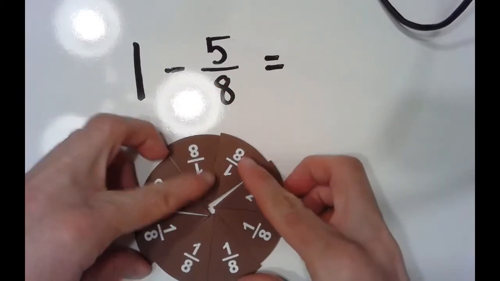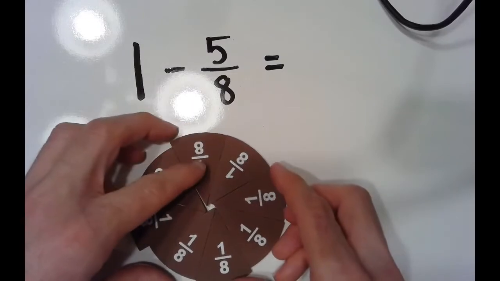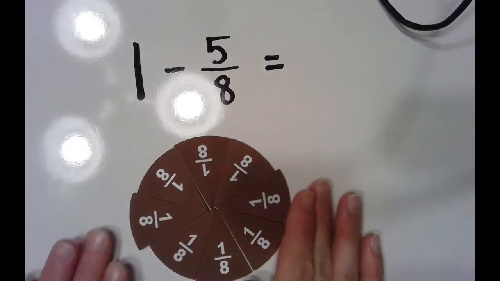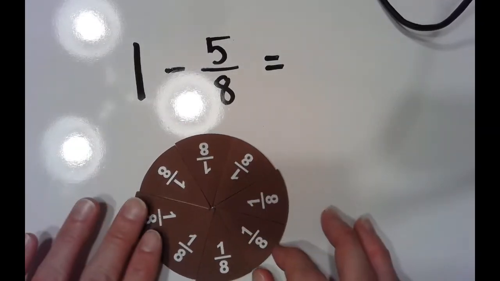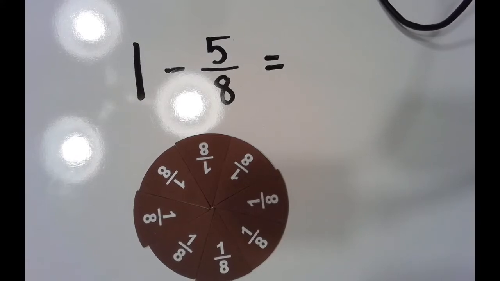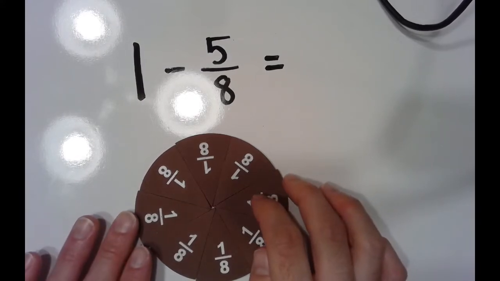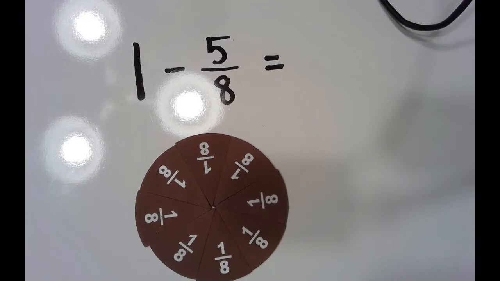Here is my whole pizza, cut into 8ths. I started with one whole, but I need to turn that one whole into another number that's equivalent to that one whole in fraction form.